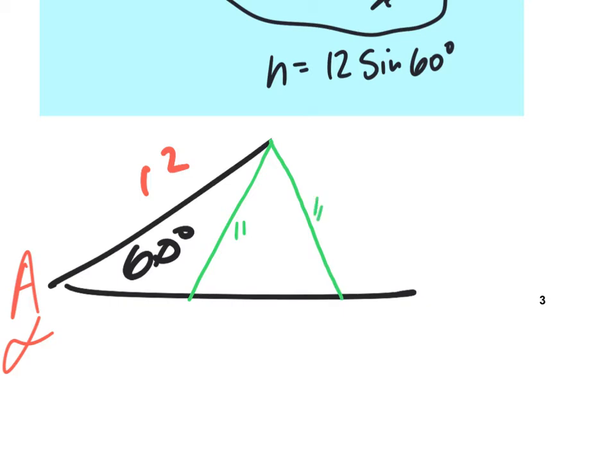And then this is the critical part right here. What do you know about these two angles? They're the same, because angles across from sides that are equal will be the same. So now, if I told you this angle right here was actually 60 degrees, you'd say that triangle doesn't look right, Mr. Server.